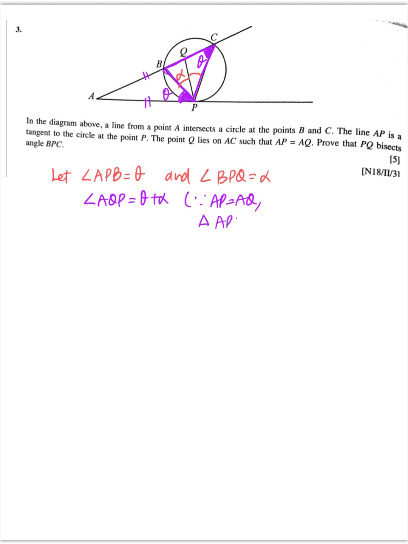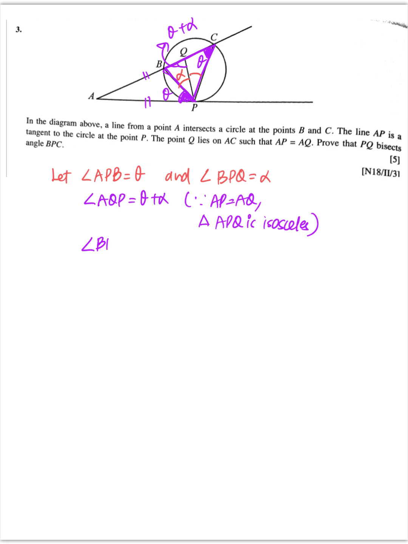Triangle APQ is isosceles, or base angles of an isosceles triangle. Okay, so I know that angle theta plus alpha. All right, and because angle APB is theta, angle BCP, right?